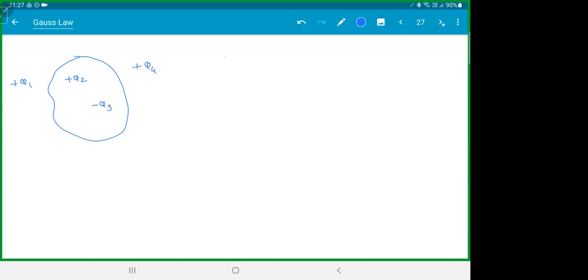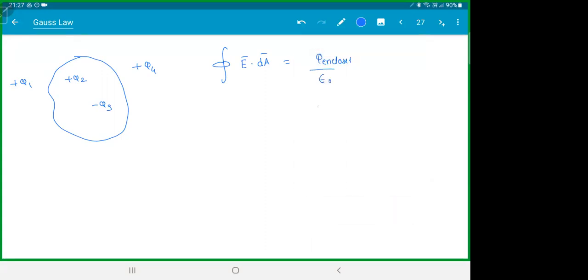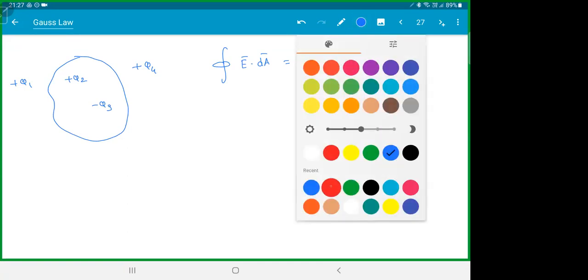Now what Gauss law says is integral E bar dot dA, that is the total flux on the entire surface, is Q enclosed by epsilon. So what is the Q enclosed here? Q2 minus Q3. So the total flux is only due to the inside charges.